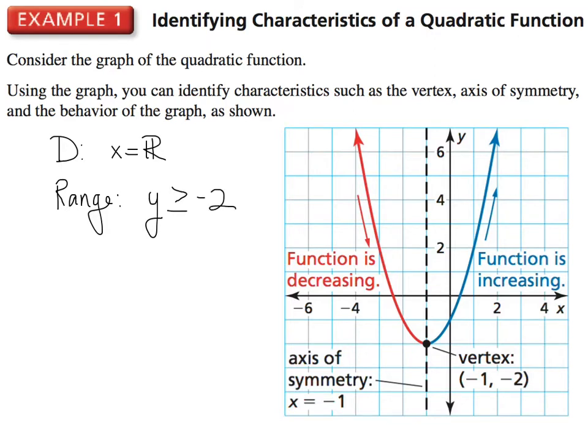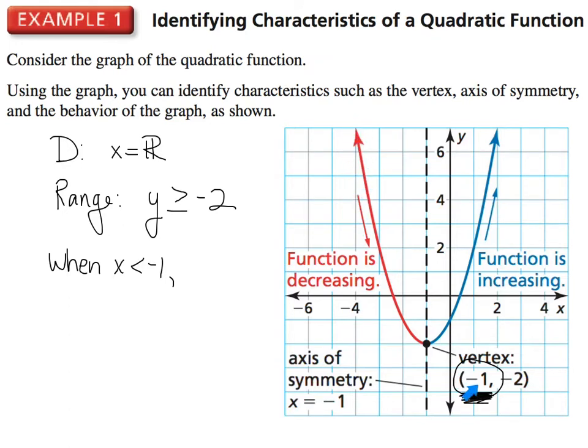Some other things you can determine. And this is really important that you understand where I'm getting this from. What's the x value at the vertex? The x value is right here, negative 1. When x is less than negative 1, what is y doing? Y is going downhill. Remember, we always look at graphs from left to right.